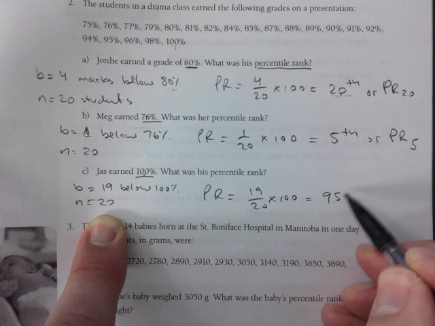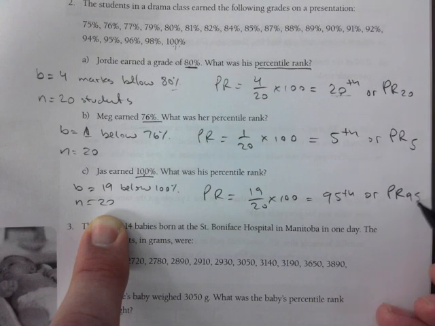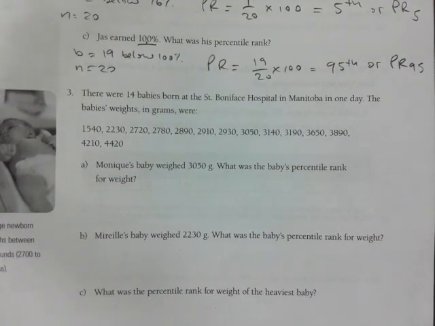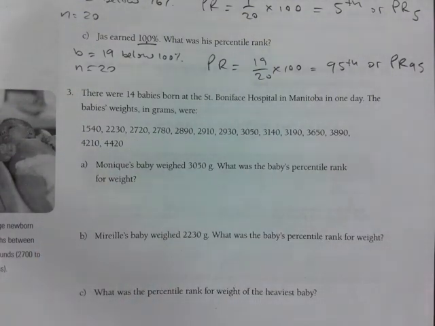That puts you in the 95th percentile, or PR 95. So there are your answers. Keep in mind these are arranged, so it's a lot easier, but it won't always be.